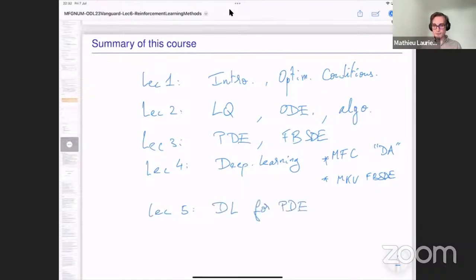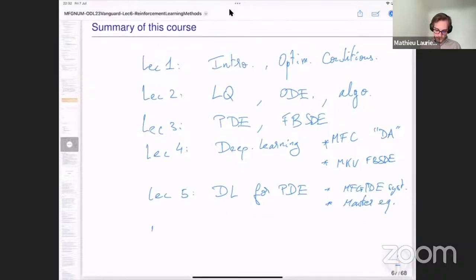Again, it's not at all exhaustive for the literature, but in particular, the MFG PDE system, but also the master equation, at least in some cases. So this is very preliminary, but the finite state master equation, for example. And lecture 6, this was right now, so reinforcement learning.